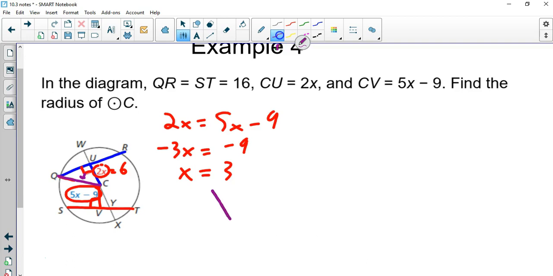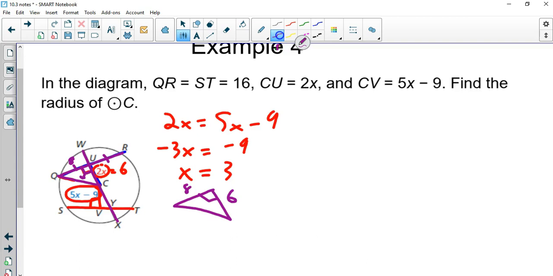I'm going to recreate this right here poorly. This is 6. What's QU? Well, we know that QR is 16. And since this is a right angle, and this is the diameter, and it's intersecting this chord, this is bisected, which makes this piece here 8.